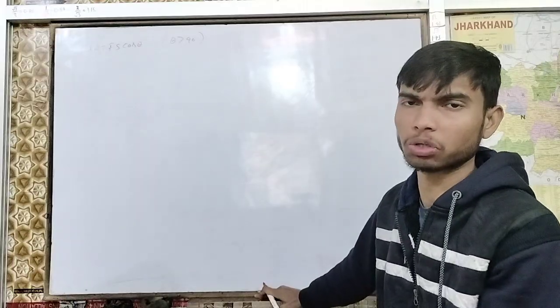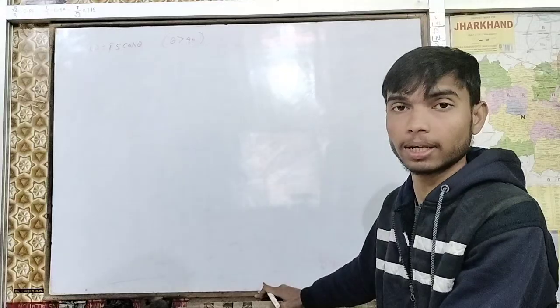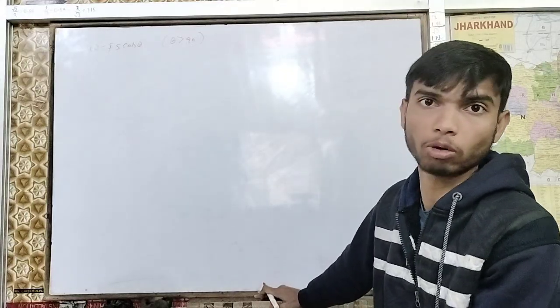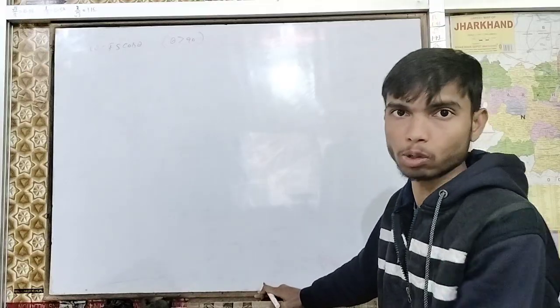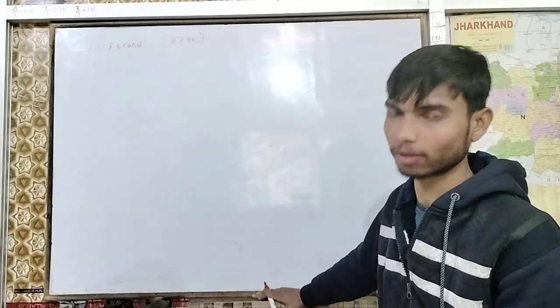If the angle is acute, then work done will be positive. If the angle is 90, work done will be 0, neither negative nor positive. Acute, positive work; obtuse, negative work; 90, zero work.